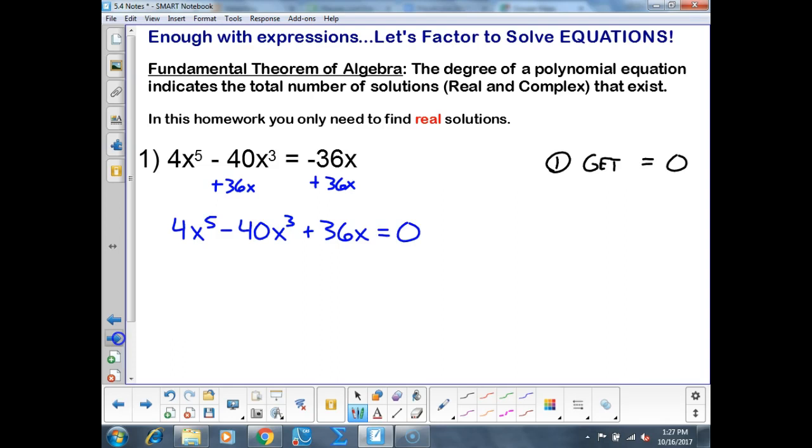Then my second step is going to be that I need to factor completely. So I need to factor the left side of this equation completely. Where do we start?